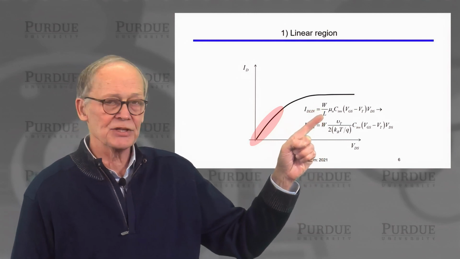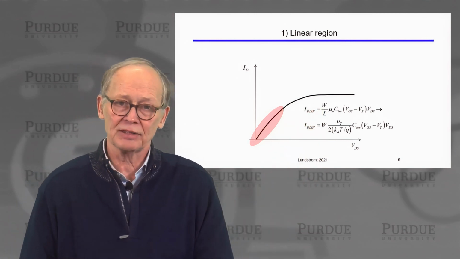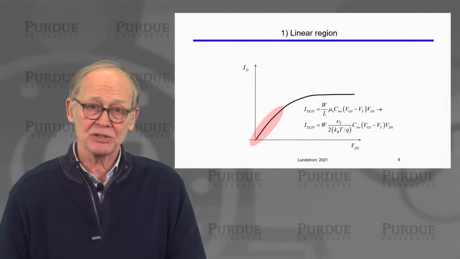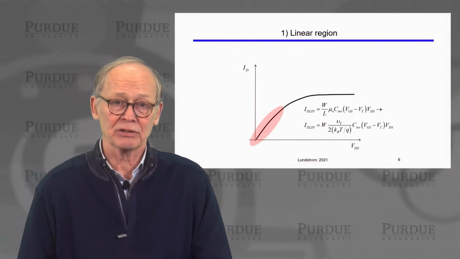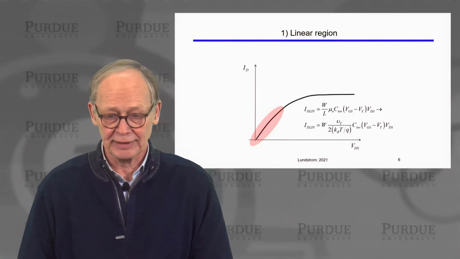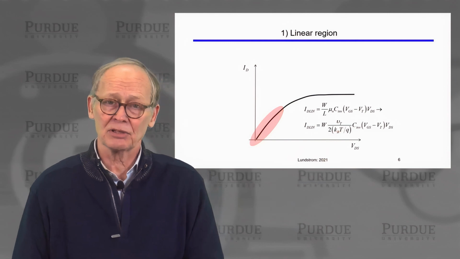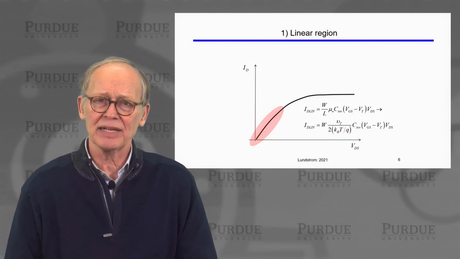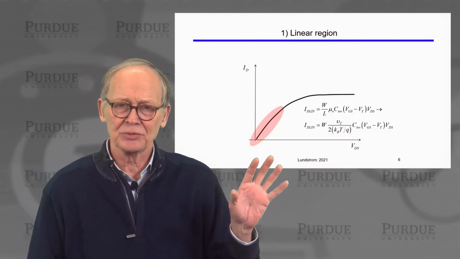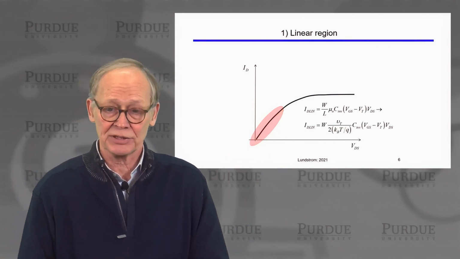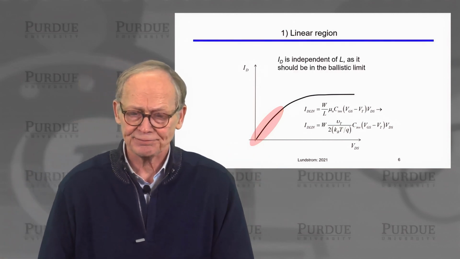We've taken the traditional expression for the linear region current, and we now have the corresponding expression for the linear region current of a ballistic MOSFET. It looks quite different. We'll discuss it a little bit, and we can show you that we can make sense of these terms, and that actually we can make it look very similar to the traditional expression.